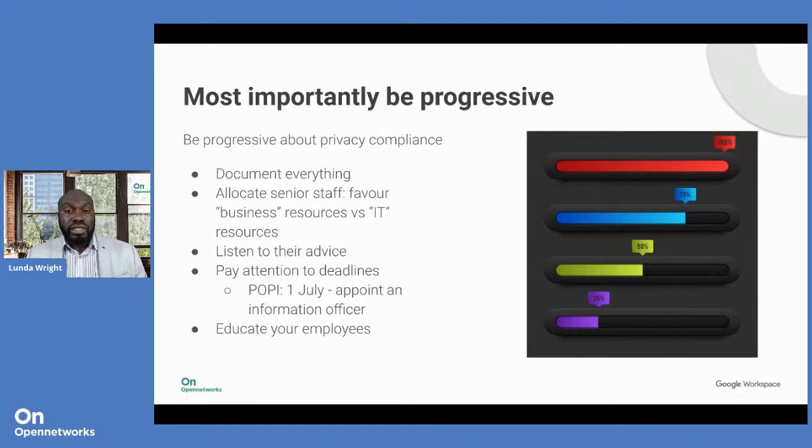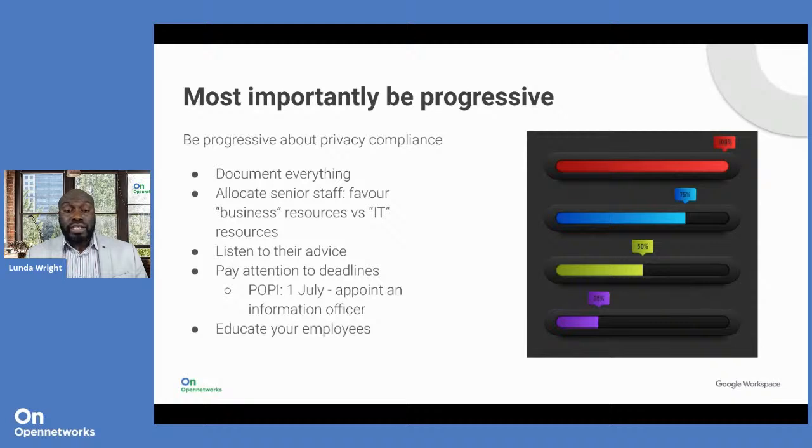What this means is the shift in privacy compliance is that privacy compliance is not an IT thing. It is a thing that business needs to be on top of. After you've allocated the staff necessary to build out your compliance, please be sure to listen to their advice.